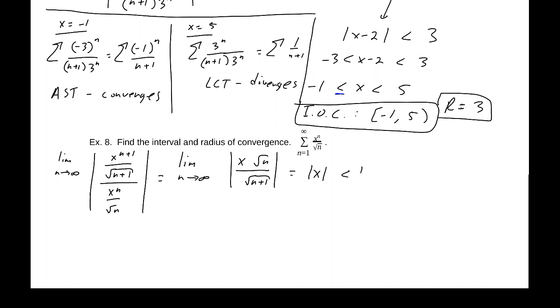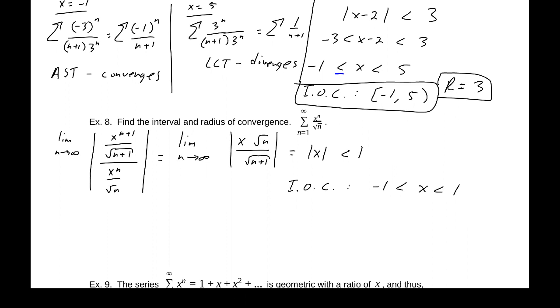That converges when it is less than 1, which means our interval of convergence is -1 < x < 1, and we can say our radius of convergence is 1. Now we need to consider our endpoints.